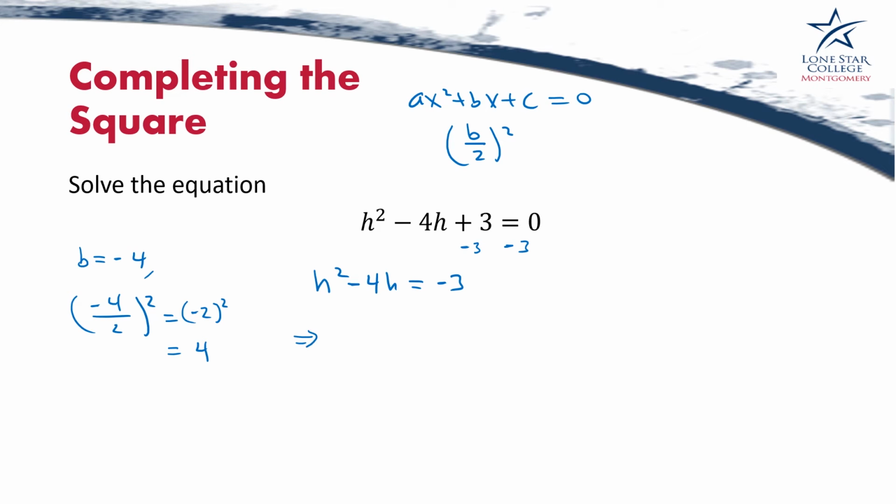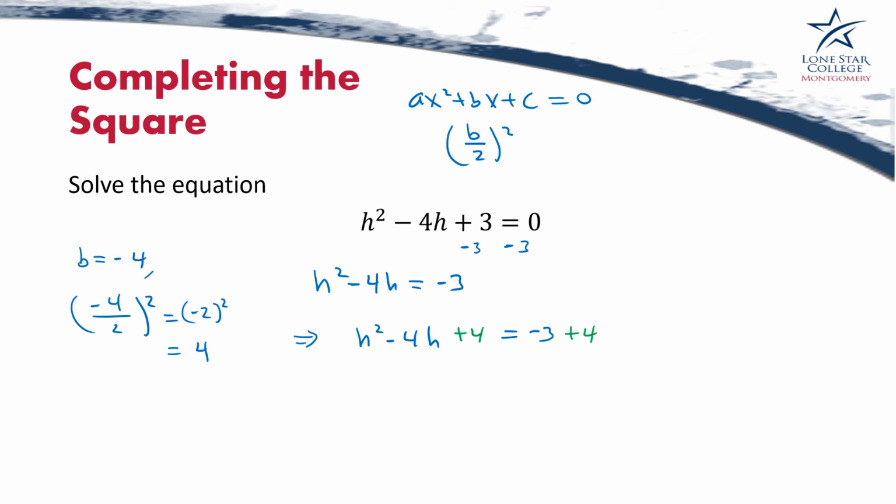So we have h squared minus 4h plus 4 equals negative 3 plus 4. We have to add it on the right because we added it on the left side, and what we do on the left side of an equation, we have to also do on the right.